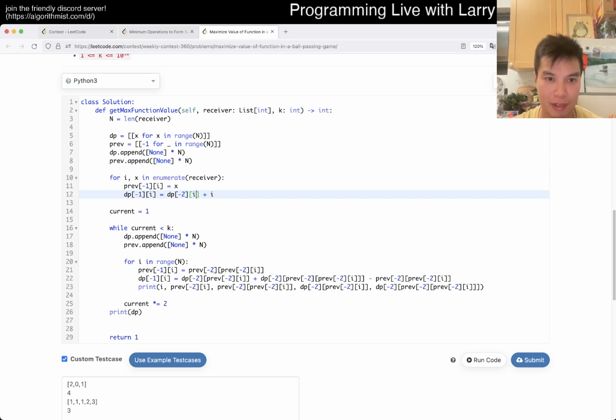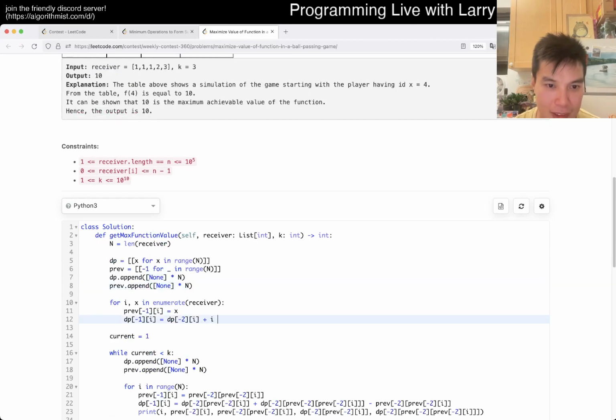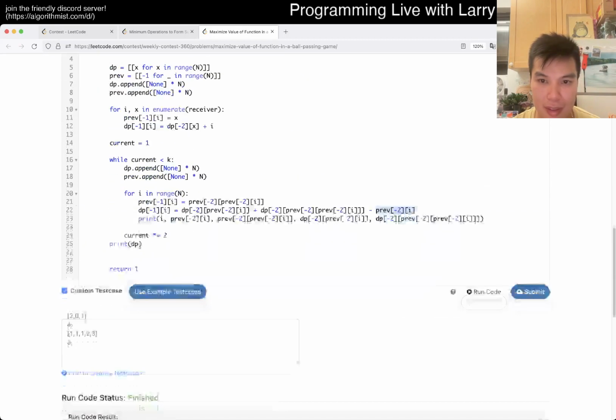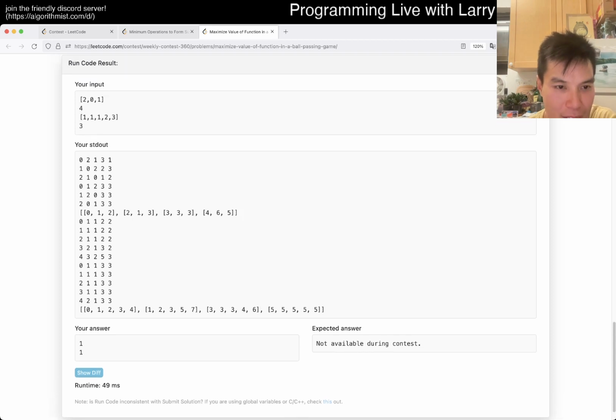Did I mess this up? Is it the other way? Doesn't seem to change anything. Never mind. I mean, this is clearly wrong. If this is only 5, because it's 4 plus 3, right?